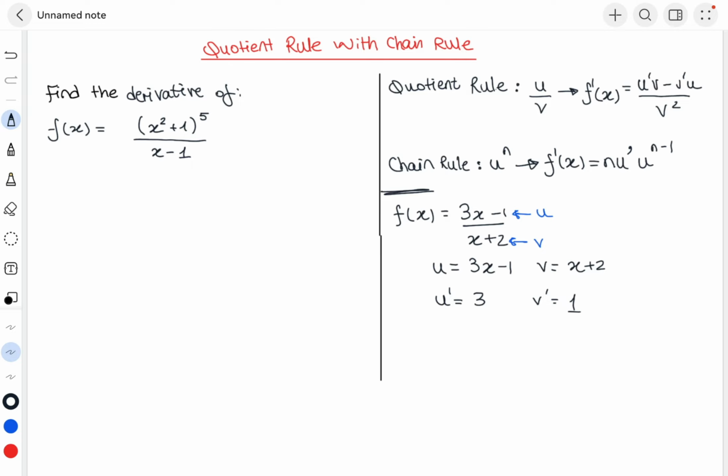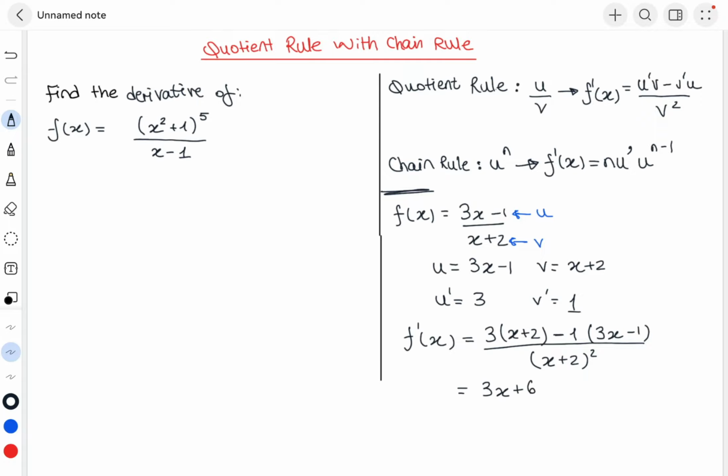And now we just apply u prime v minus v prime u over v squared. So we'll have u prime v minus v prime u all over v squared. And of course, since we can distribute the numerator, we'll need to distribute it in that case.